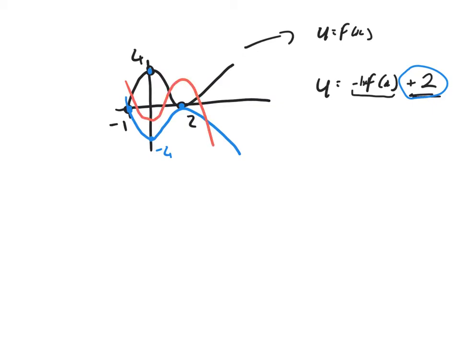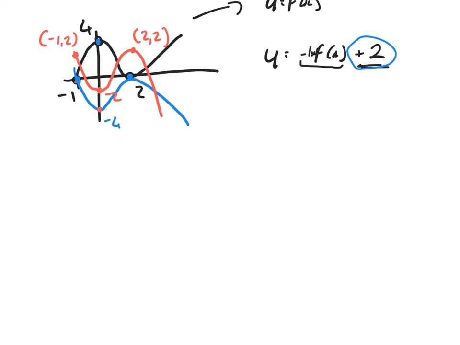Okay, so -1, 0 now goes up to -1, 2. 0, -4 now goes up to 0, -2. And 2, 0 now goes up to 2, 2.